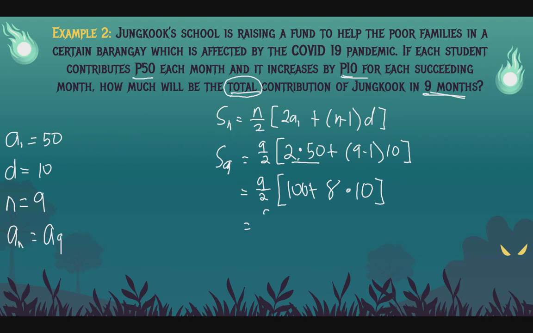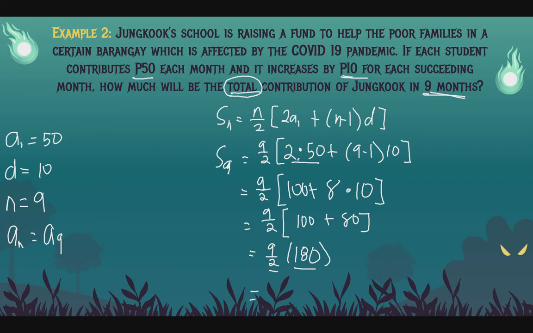Next, 9 over 2, copy lang din ulit natin yan, times 100 plus 80, and 80 plus 100 is 180. Ngayon, meron tayong whole number at fraction. Kapag magmumultiply tayo, ganito po ang gagawin natin dyan.